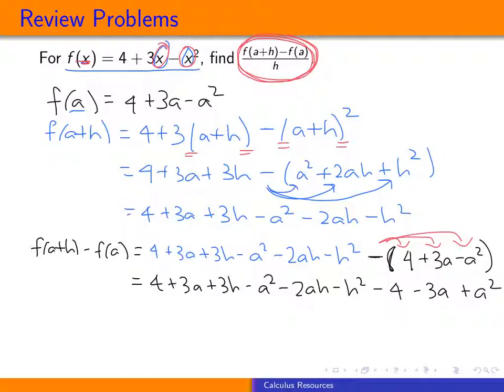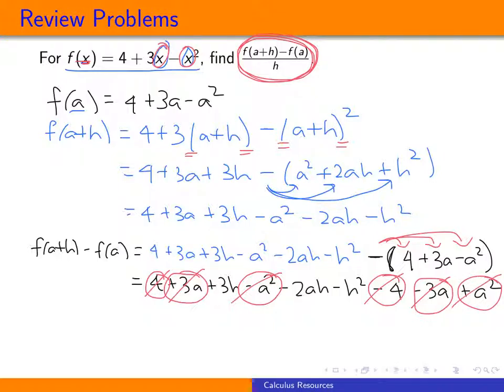To further my simplification, I'm going to look at what kind of common like terms there are in this expression. I see that for the constant terms, there's a plus 4 and a minus 4, so those will cancel out. We have a plus 3a and a minus 3a, so those will cancel. We have a minus a squared and a plus a squared, so those as well will cancel.